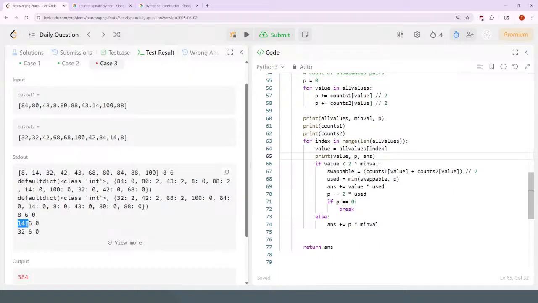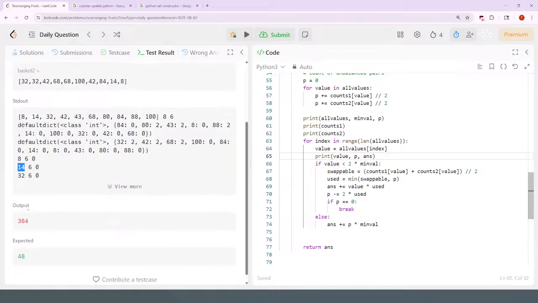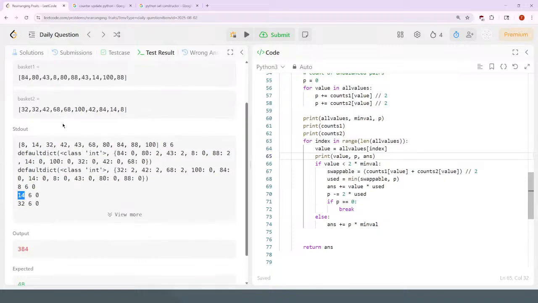And then the value is 14. 14 is already balanced, so swappable should be 0 there.